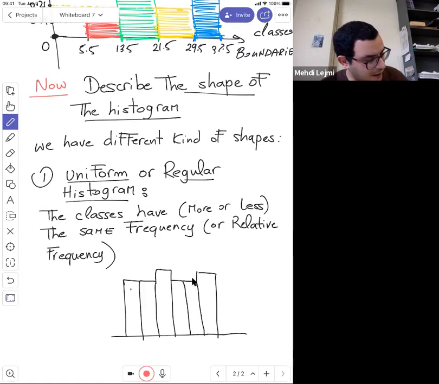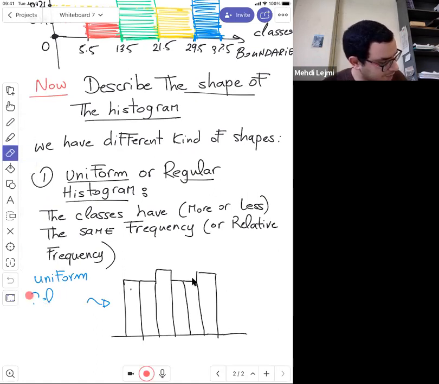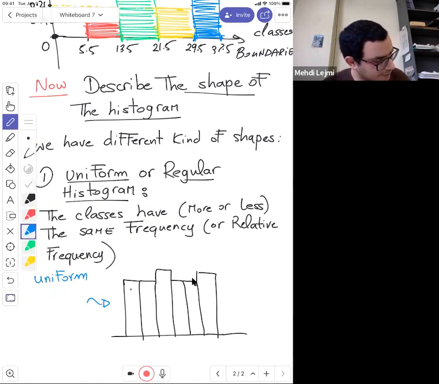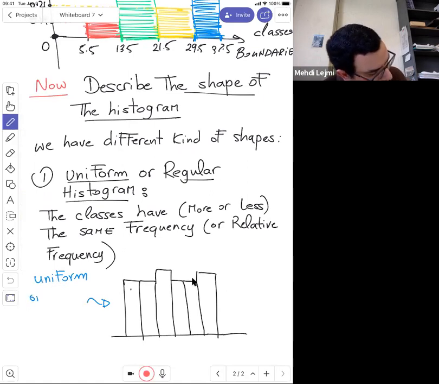So in this case, this is what I call a uniform or regular histogram. Again, this is just terminology.